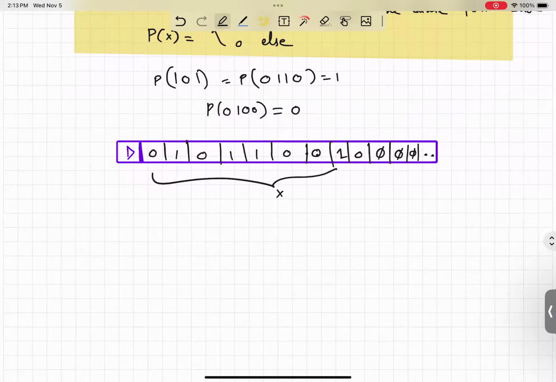Now, how can I compute this using a Turing machine? Any suggestions, ideas? Okay. Yeah. So I think that works.